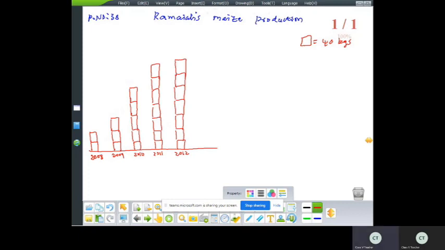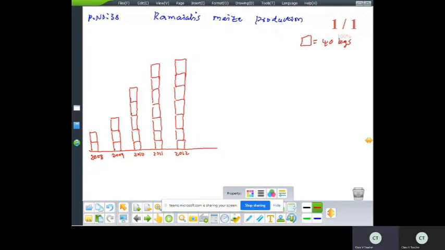Now the questions are in page number 39. Read the box chart and give 3 conclusions about Ramaya's maize production.